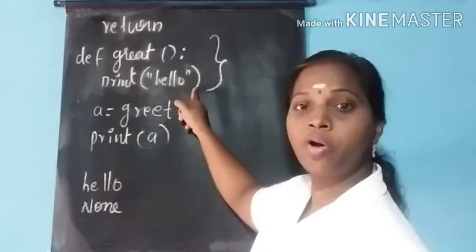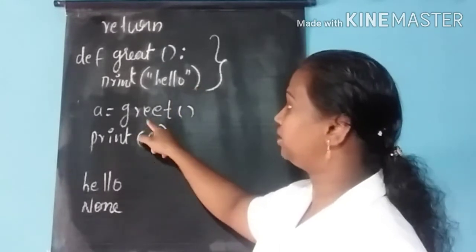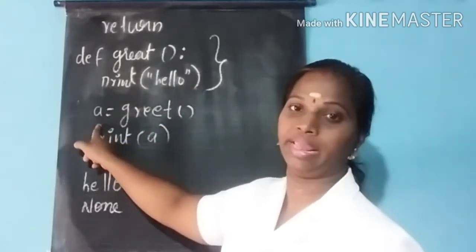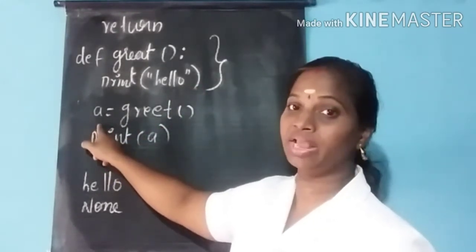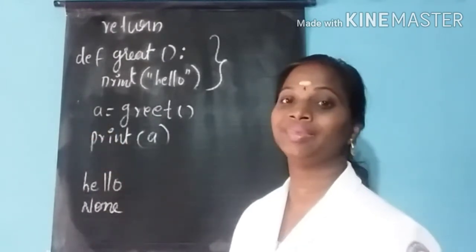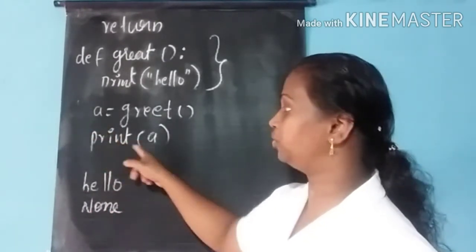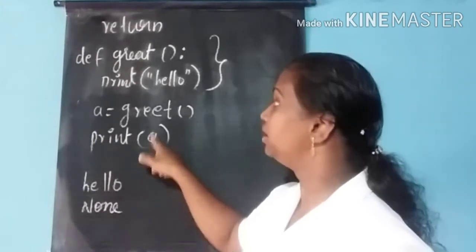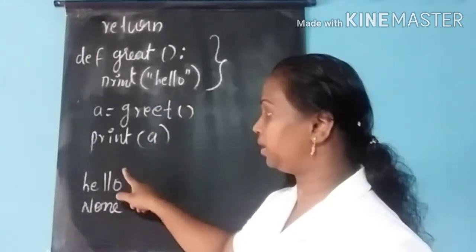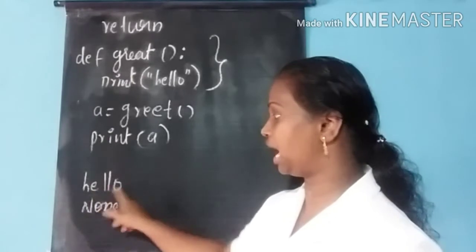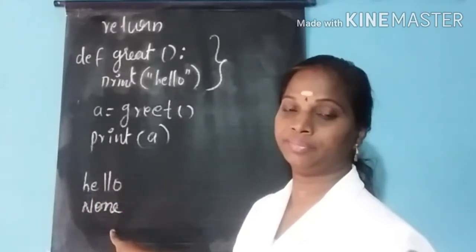But see here, there is no return statement, and this great is assigned to a variable a. Then what will happen? Do you know? What will print using this print statement? While executing this, you will get an output like this: hello, then none.